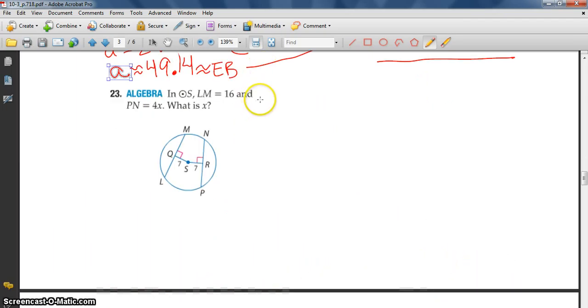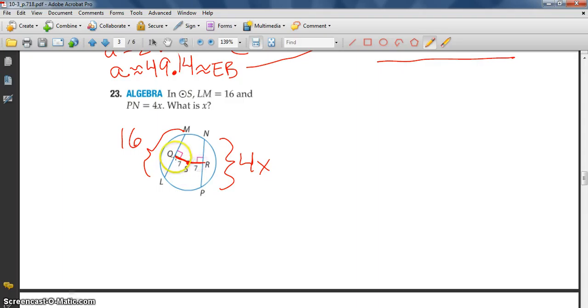Number 23, in circle S, LM is 16, PN is 4x. What is x? So LM is 16. PN is 4x. Well, we have two chords that are equidistant, the same distance away from the center.